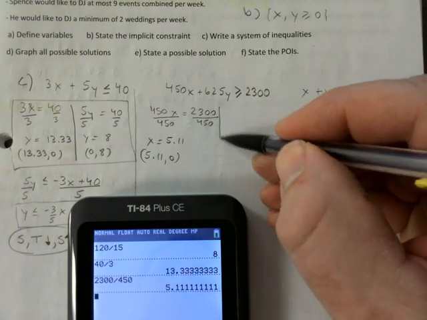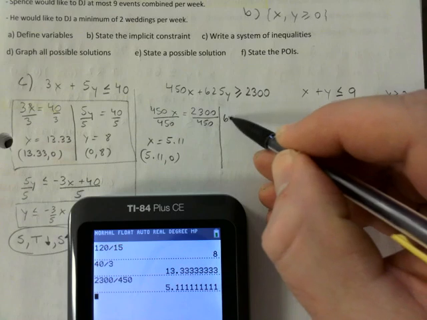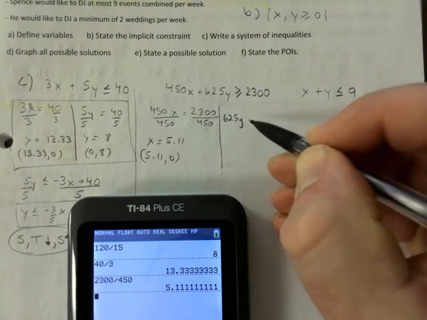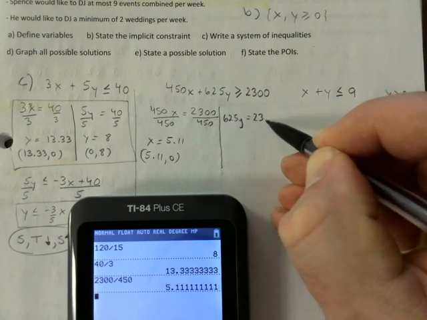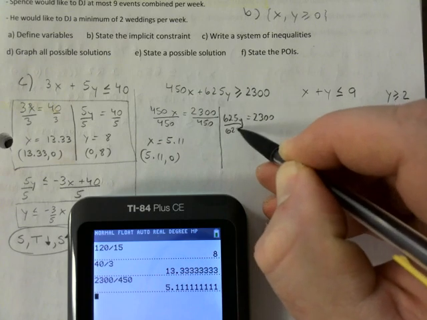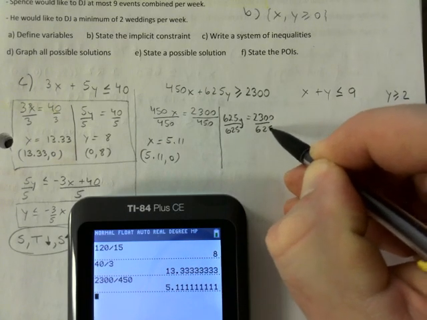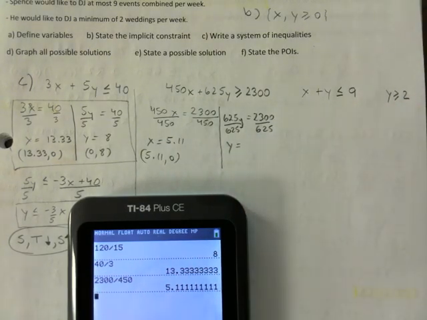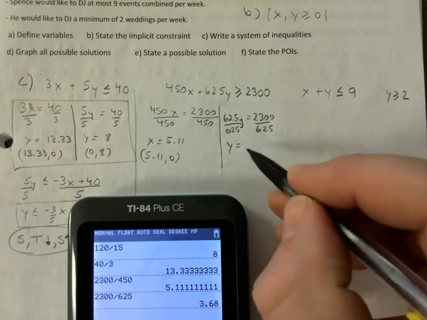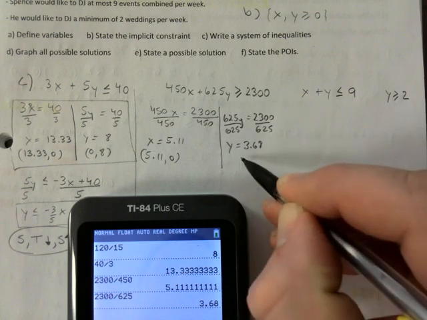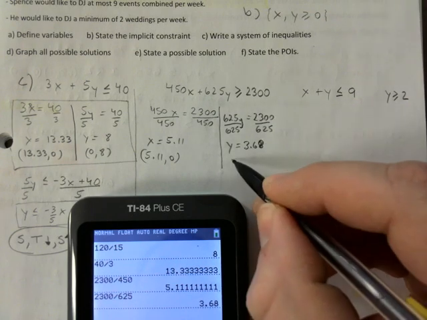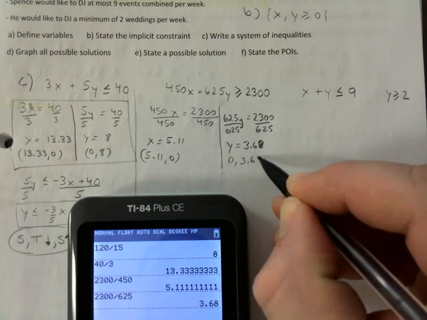Cut it here, and it's 625y is equal to 2300 divided by 625. That's 3.68.